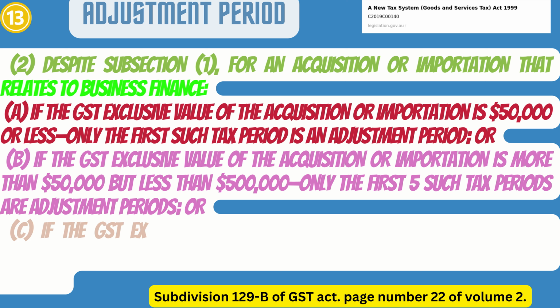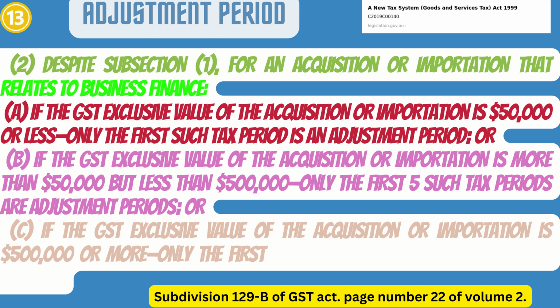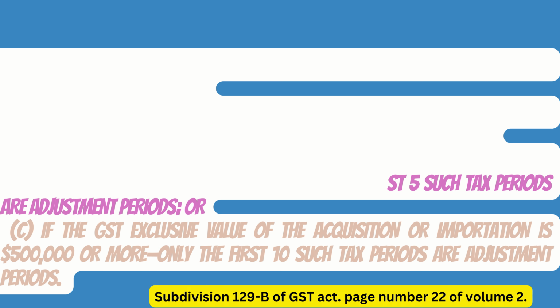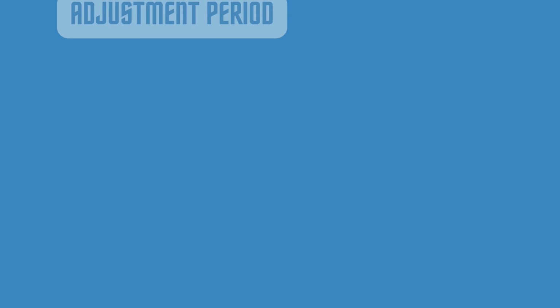Or B. If the GST exclusive value of the acquisition or importation is more than $50,000 but less than $500,000, only the first 5 such tax periods are adjustment periods. Or C. If the GST exclusive value of the acquisition or importation is $500,000 or more, only the first 10 such tax periods are adjustment periods.